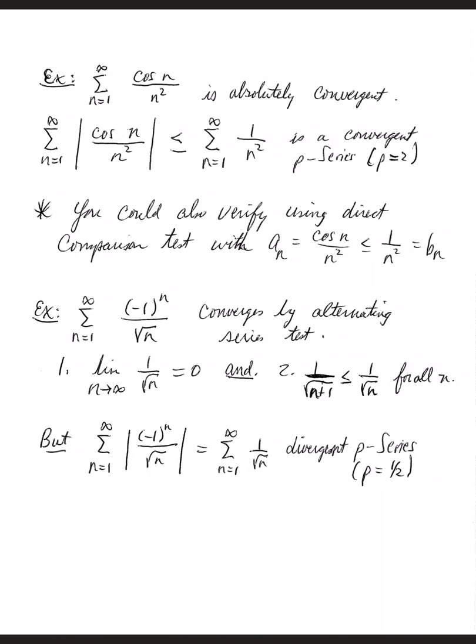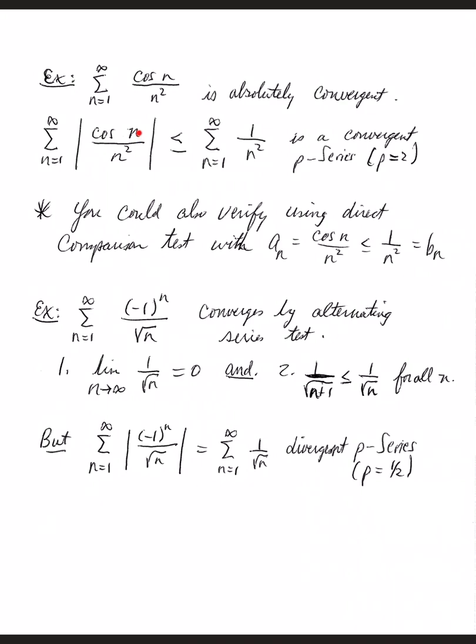If we take the infinite sum from 1 to infinity of cosine n over n squared, this one is absolutely convergent because if you take the absolute value, and in part using the squeeze theorem, we know that the absolute value of cosine of n has to max out at 1 due to its amplitude.